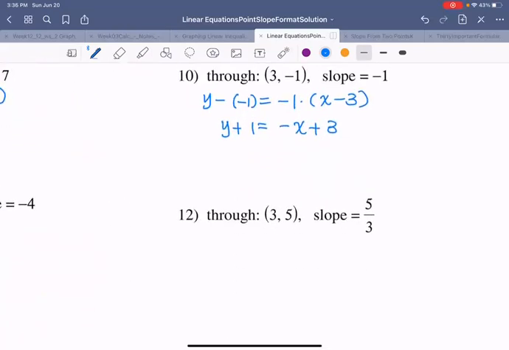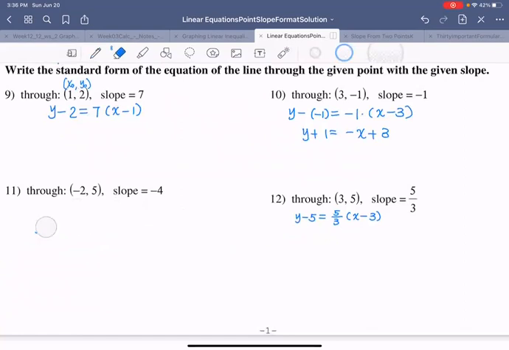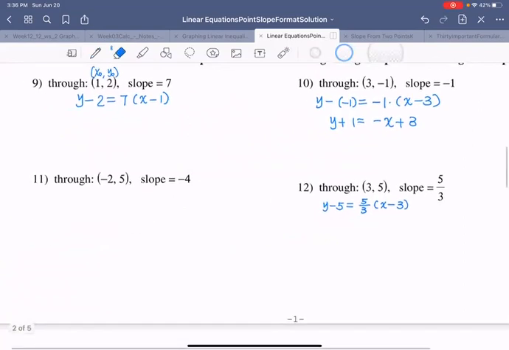You do one more. Number 12, go ahead. So y minus 5 equals 5 minus 3 times x minus 2. That's right. Lansley, go ahead with 11.